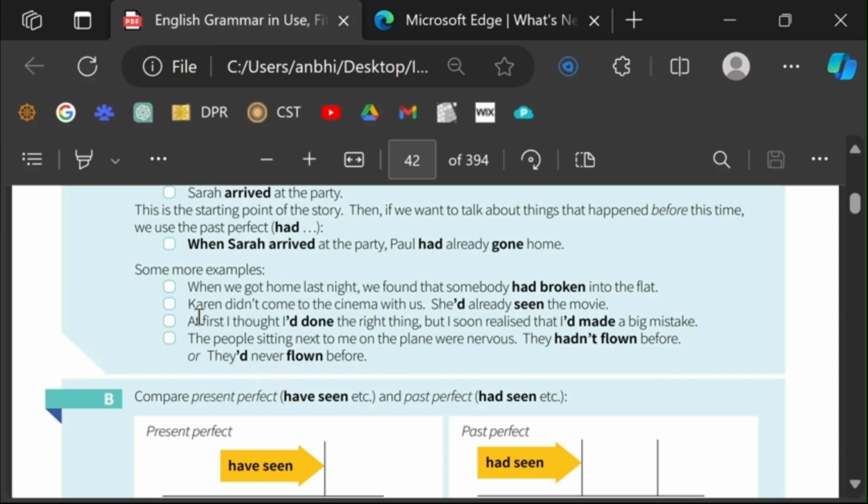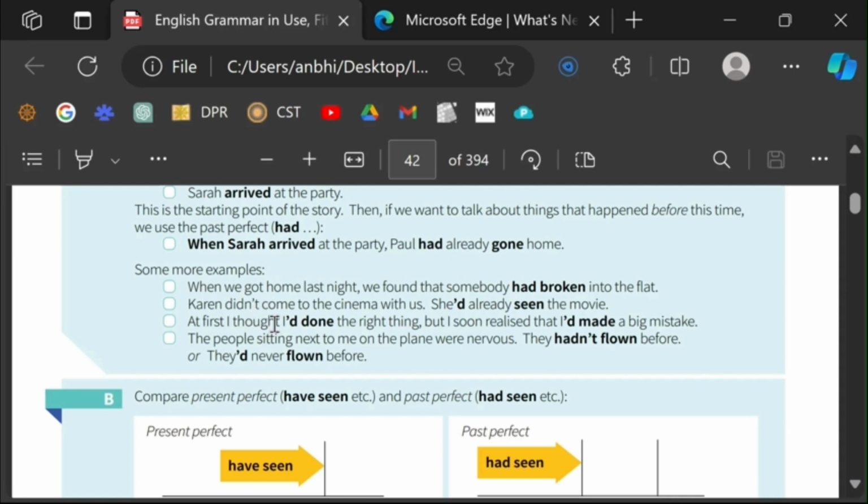Okay. Karen didn't come to the cinema with us. Simple past. She had already seen the movie. See, this happened before. She didn't go because she had already seen the movie before. Do you understand? Okay. At first, I thought, past, I had done the right thing.